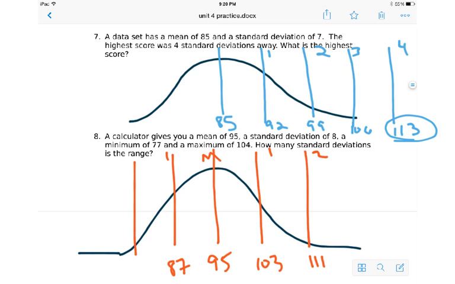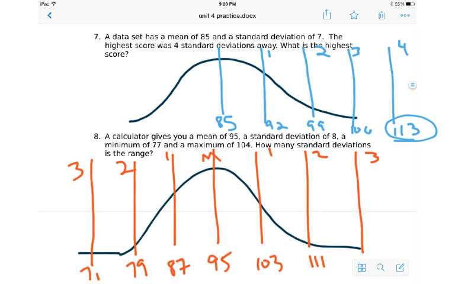And 87 minus 8 is 79. Here's the problem. Even though I've hit my maximum, I haven't hit my minimum yet. My minimum's 77. So I have to go one more standard deviation out in order to encompass all of my data.